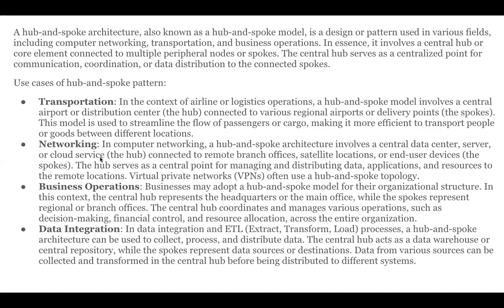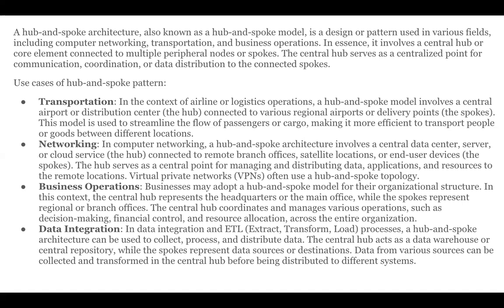Definitely networking, where you have a hub which distributes requests to different end user devices. The hub serves as a central point of managing and distributing data, applications, and resources to all other operations. VPNs, virtual private networks, often use hub and spoke topology. Business operations, where you have a headquarters, and the headquarters manages various offices in different regions.